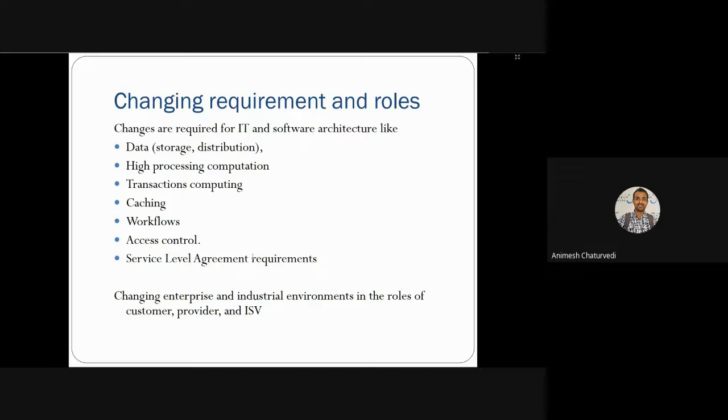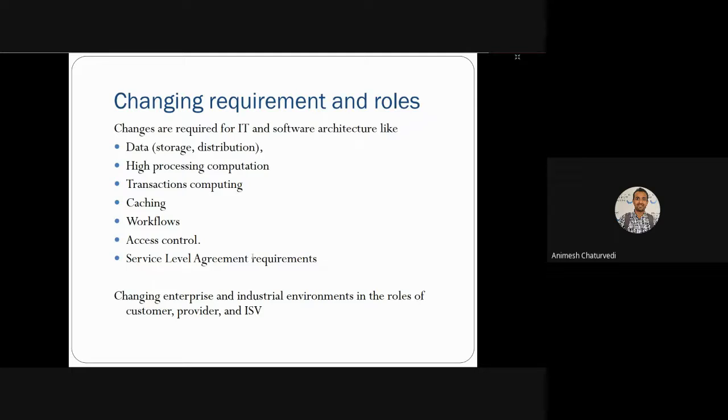Then the service level agreement between cloud provider and cloud consumer, so that there is a fixed set of rules to deal with services. Then the changing enterprise and industrial environment in the role of customers, providers, and ISVs.